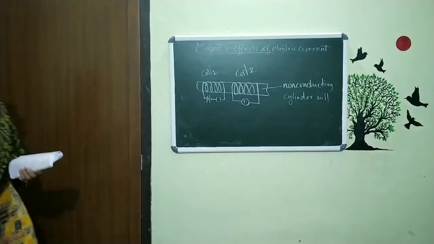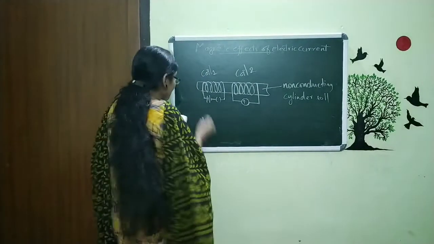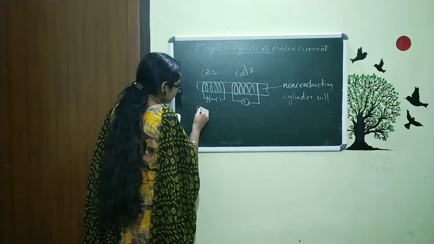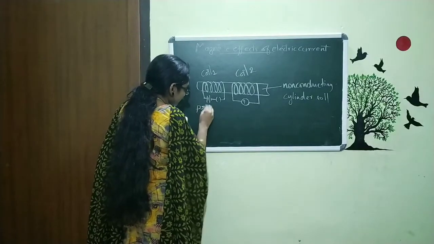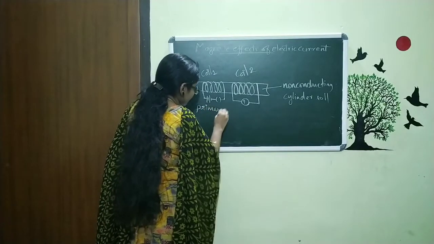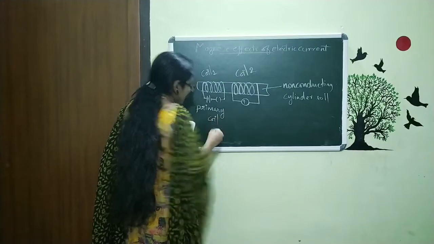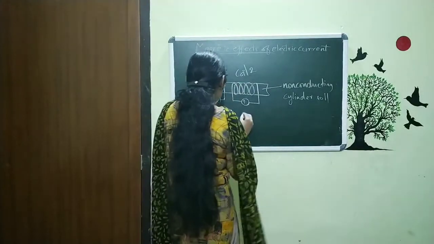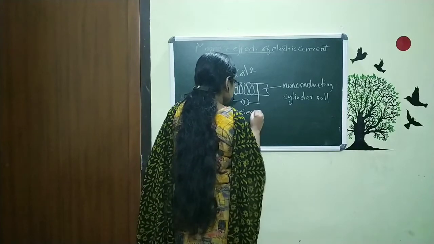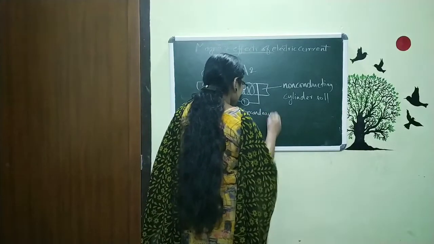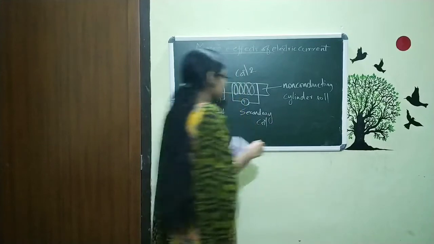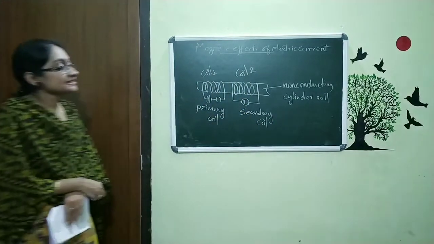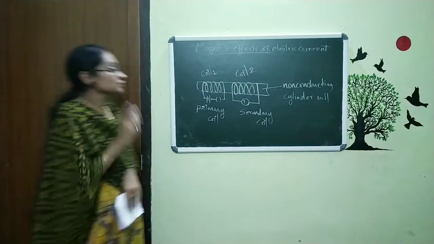For the first coil, the name is the primary coil. And coil 2 is what? Secondary coil.